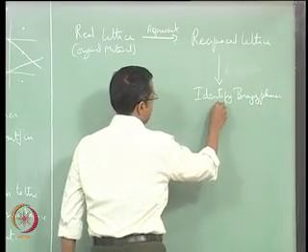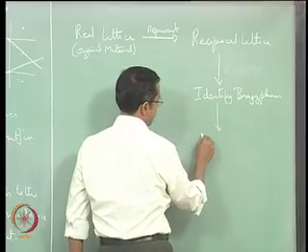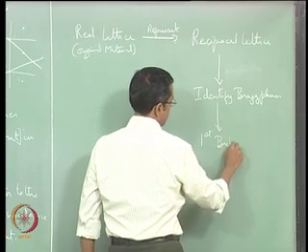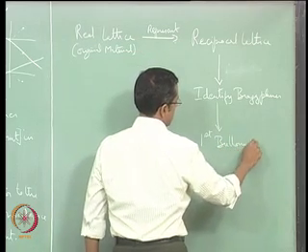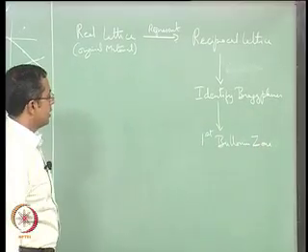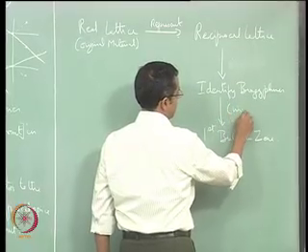If you identify those Bragg planes, the region that you will identify is the first Brillouin zone. And this is now the Wigner Seitz cell in reciprocal space.